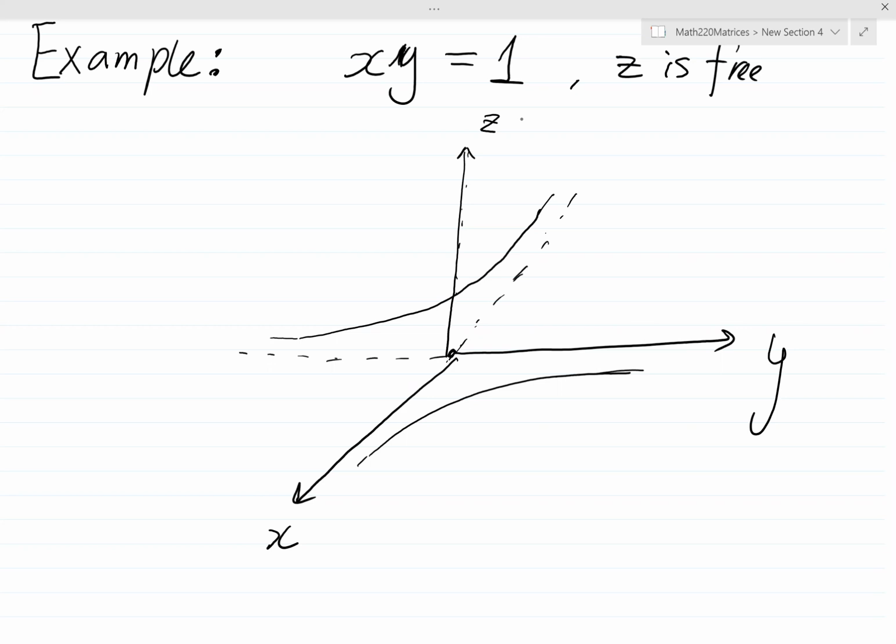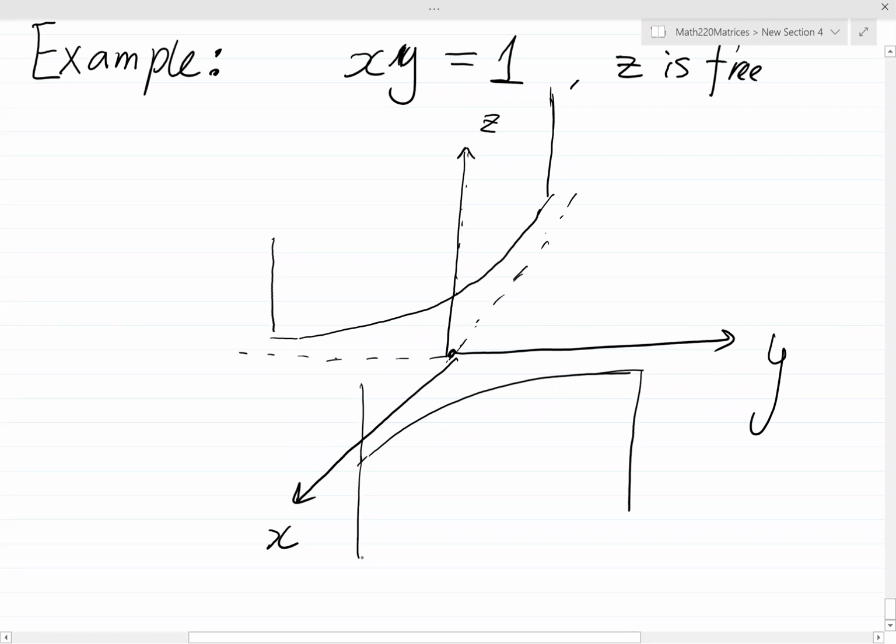So actually we get a surface. The surface will look like this. Of course, this is also a curve, and we have the surface.